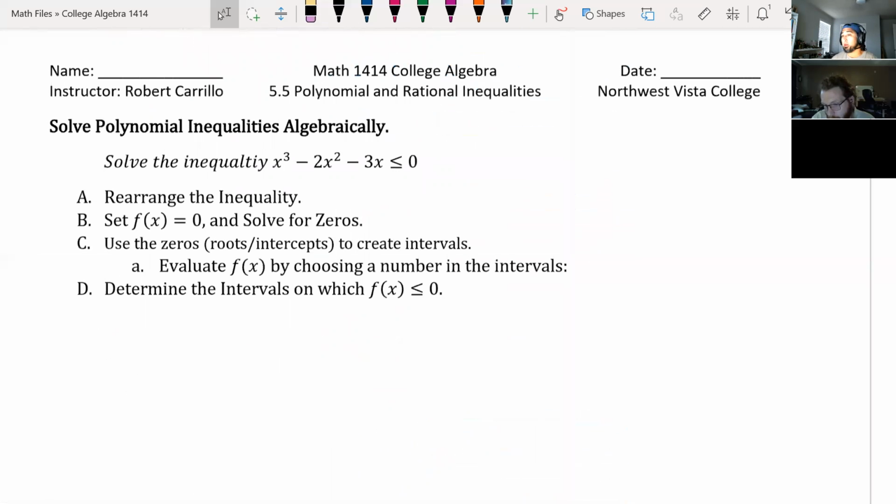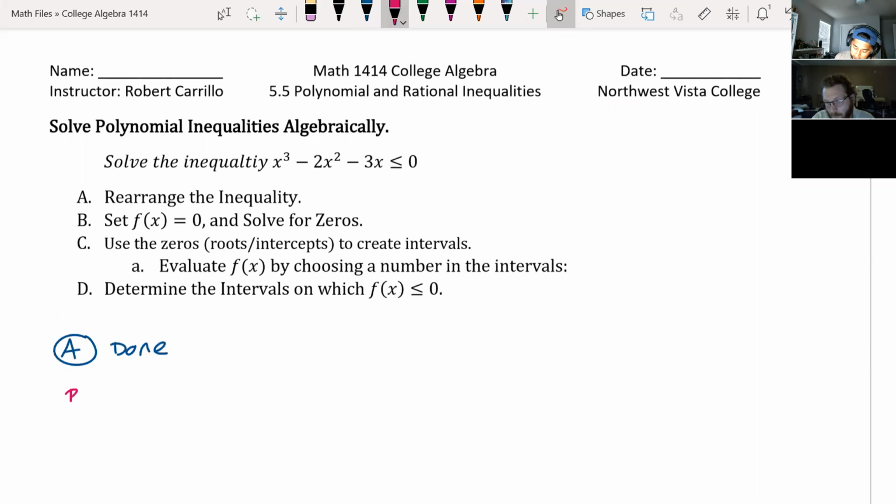So given this inequality, x cubed minus 2x squared minus 3x less than or equal to 0, we're going to do all this work again to answer now, where are we below and on the x-axis? So the first step is to rearrange the inequality. So that step would be important if there were terms on the right side of the inequality. Since all my terms are on the left side, we do not have to rearrange. So I can say step A is done.